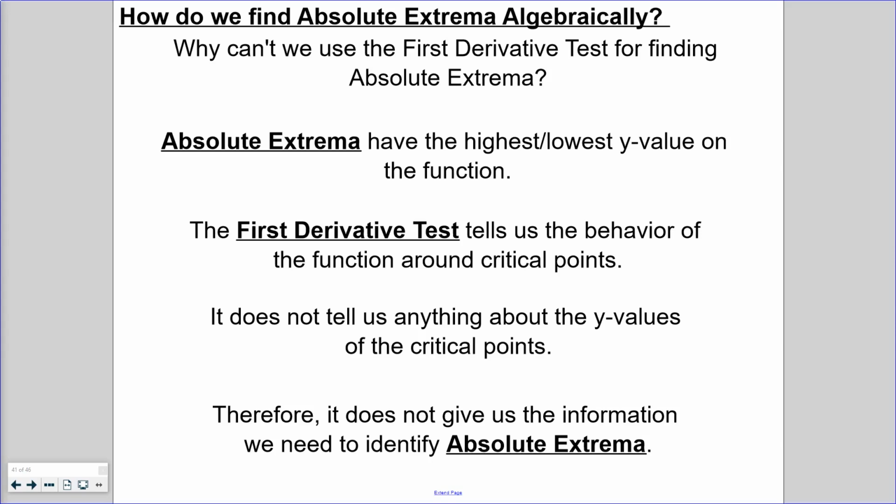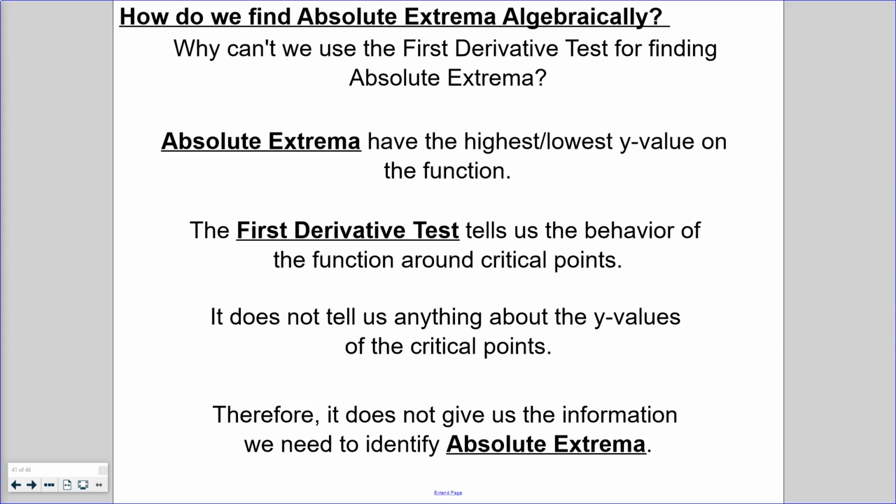Well, absolute extrema exist where we have the highest or the lowest y value of the function. The only thing the first derivative test tells us is the behavior around our critical points. It tells us if we're increasing or decreasing, or if we change from decreasing to increasing. That's all the first derivative test tells us. It's a description of the behavior.